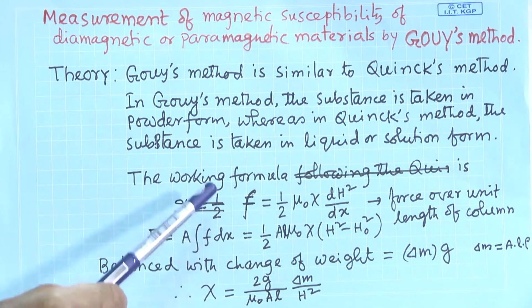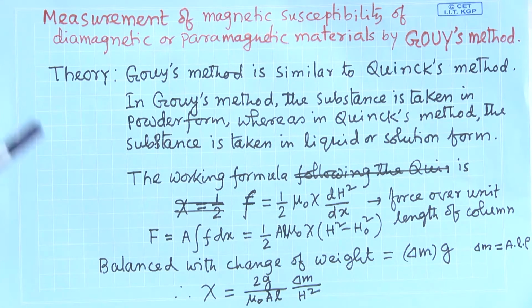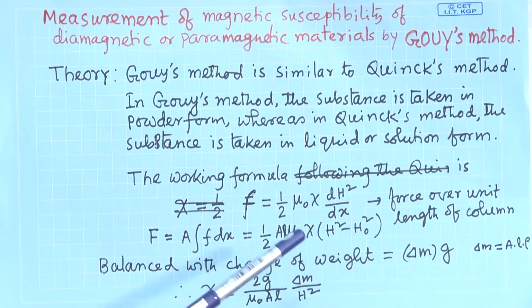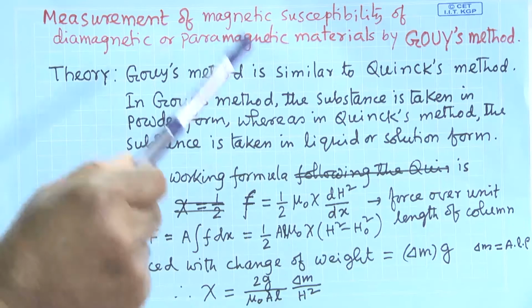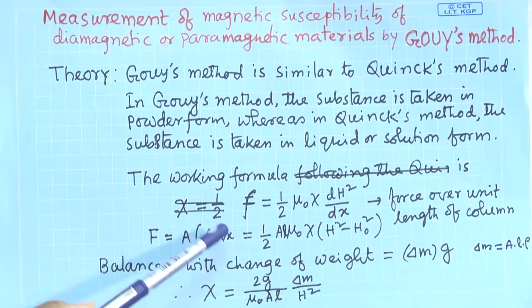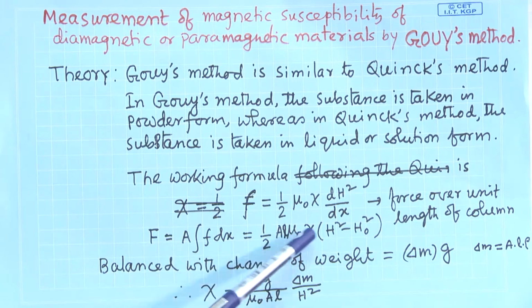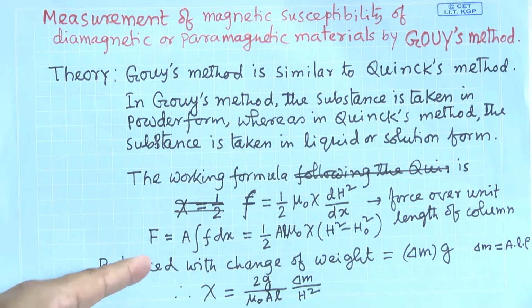If you integrate over the length where the magnetic field variation is there, with the field varying from H0 to H over the length 0 to L of the sample, you will get this F. One can call this the total force acting over the volume of the sample.